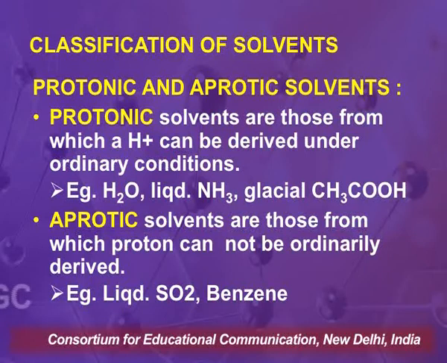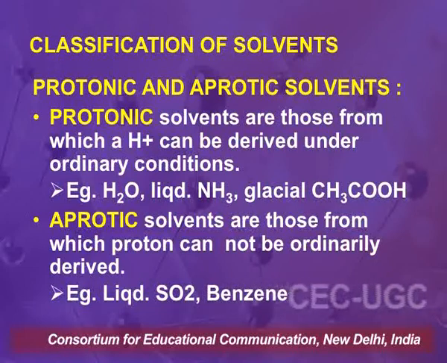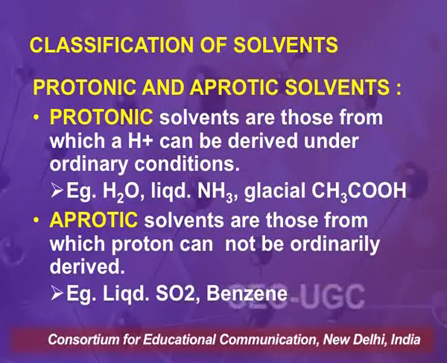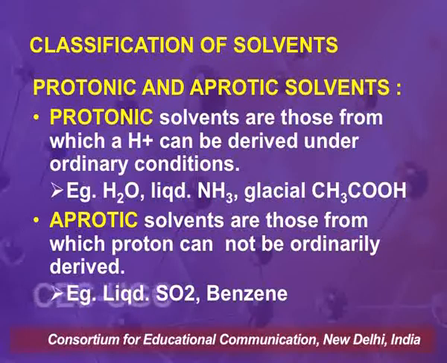Aprotic solvents are those from which protons cannot be ordinarily derived. For example, liquid sulfur dioxide. Liquid sulfur dioxide does not contain a proton, and benzene. Benzene although contains hydrogens, but those hydrogens cannot be derived under ordinary conditions because of the nature of benzene.